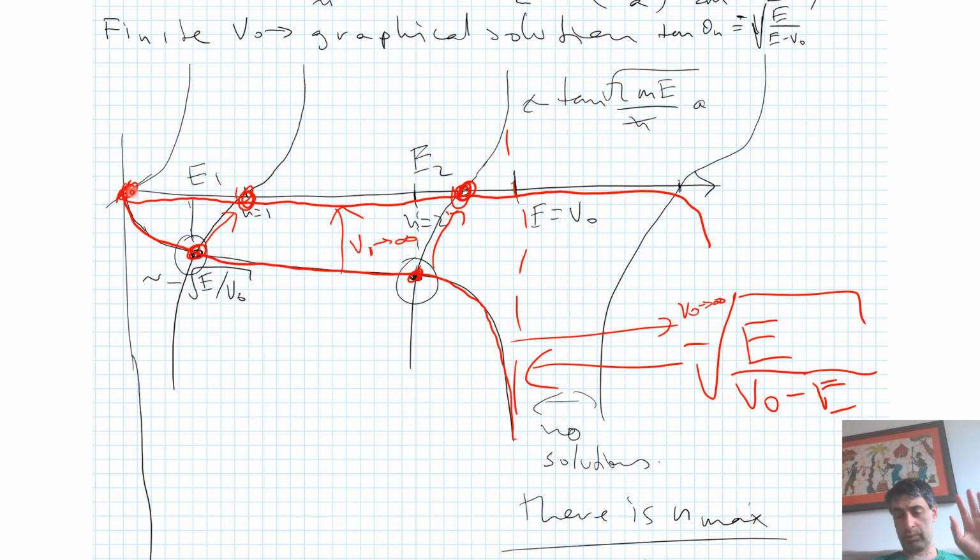So far we're only talking about bound states, right? So you can see that this function will start off here, go negative, stay negative, and then just blow up. It's a very simple function, right? It just does this. I just sketched it by hand.